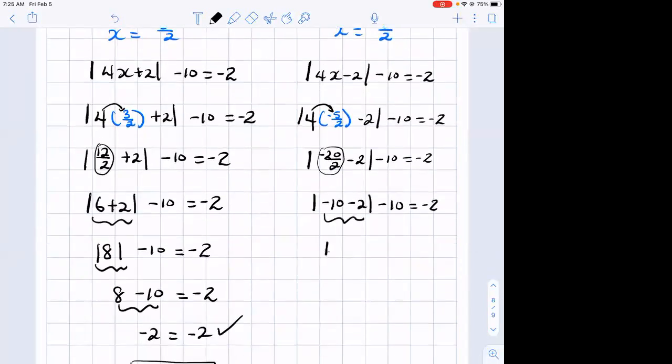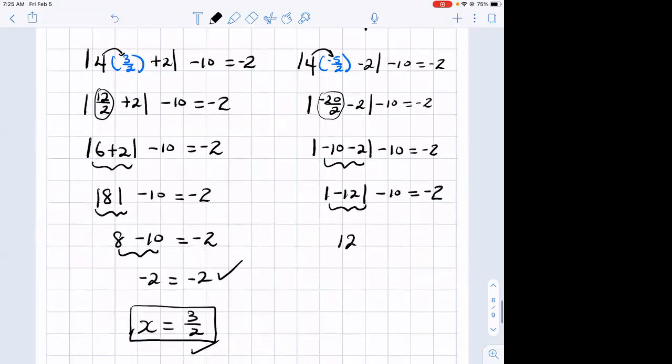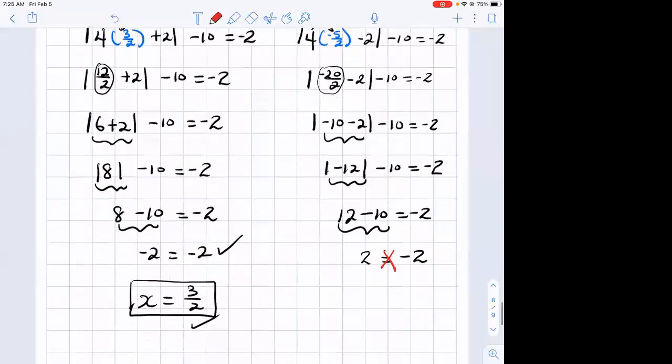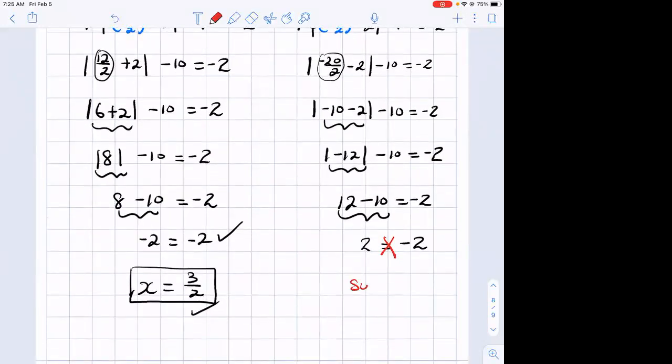Minus 10 minus 2 is minus 12. The absolute value of minus 12 is positive 12. 12 minus 10 is 2. Okay. So here we have 2 is equal to negative 2. And this is not true.